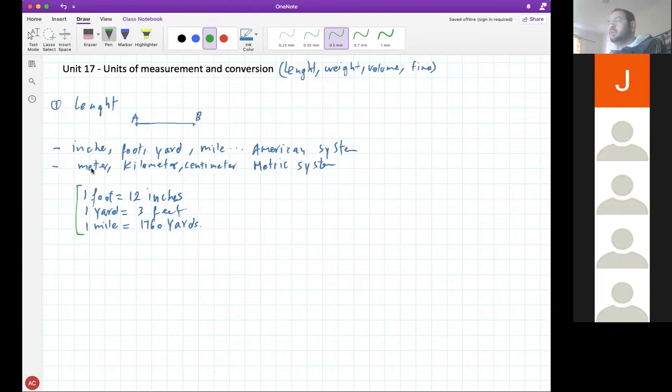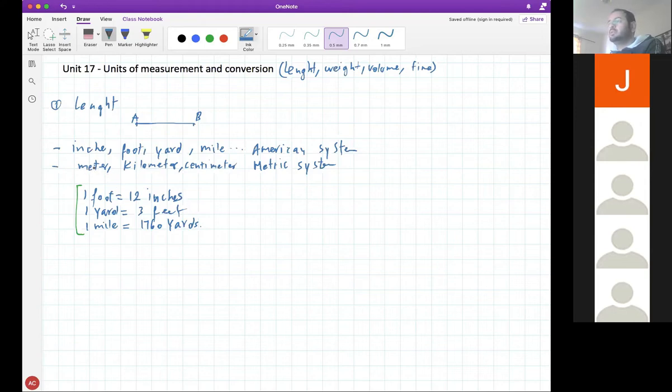Here we don't use meters that much, or kilometers or centimeters, but internationally that's the system. This is the international system of units, or the metric system. So let's see some conversions between the basic ones. There are many others, but again, if you know the basic formula, you could convert to larger units. They're all based on the meter.